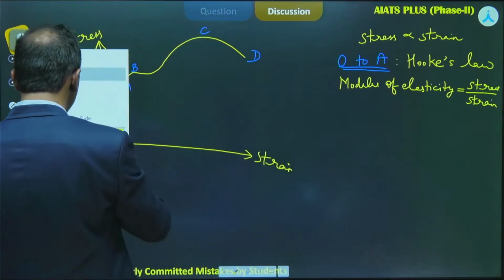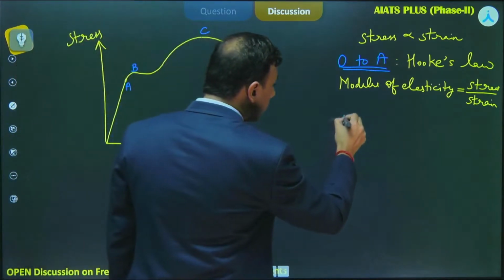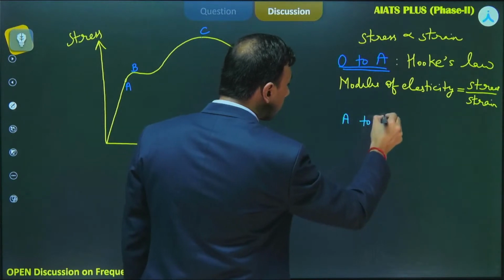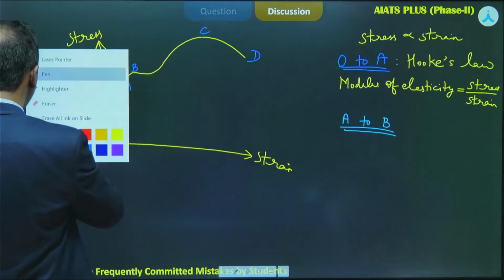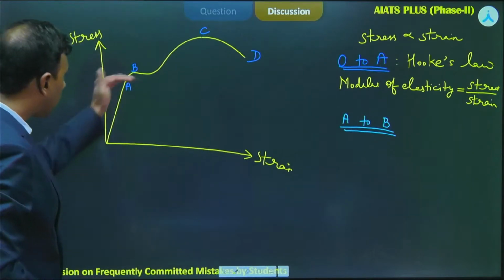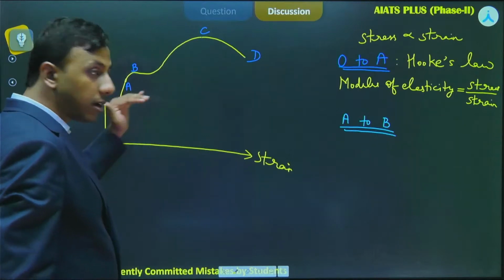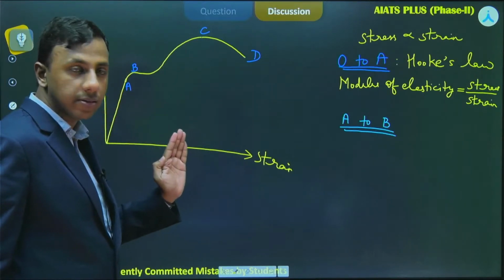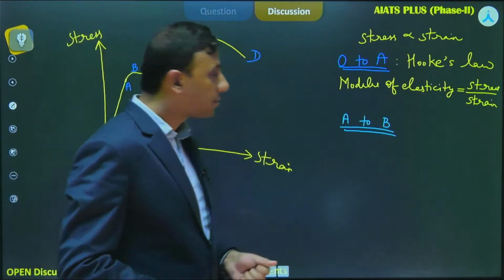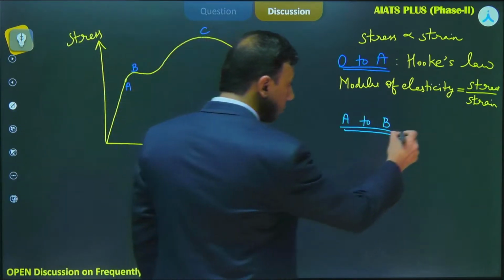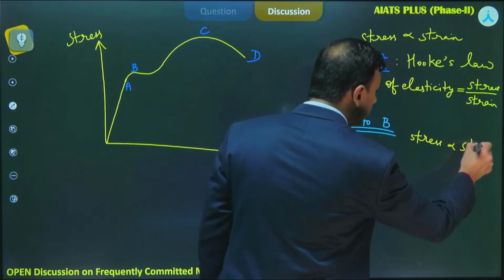Now let's go to the next region, that is from A to B. See what happens. Is it a straight line? It is not a straight line. See here the curve, it's not remaining a straight line anymore, it is bending like this. So here stress won't be proportional to strain.